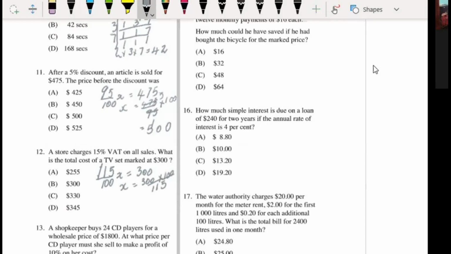No, this is not correct. We want to find 150% of 300. Sorry. You want to find 150% of 300.